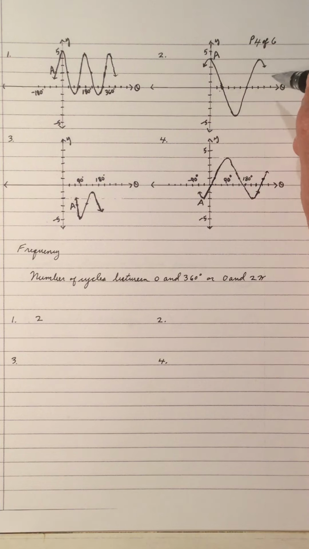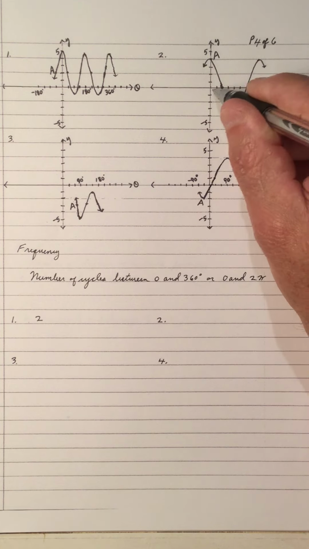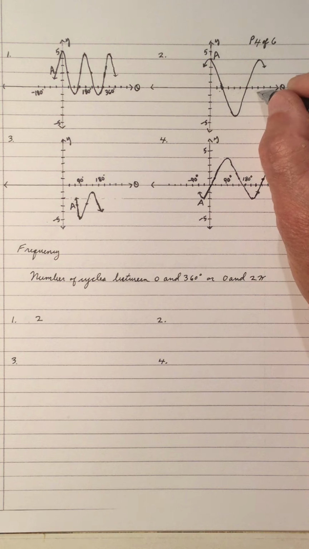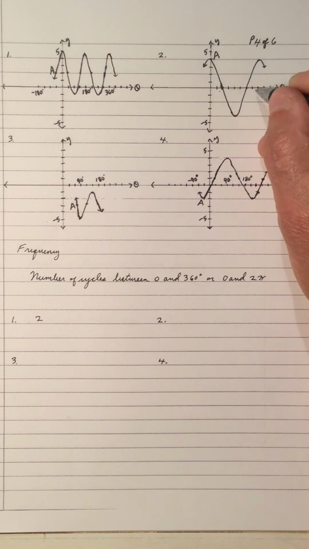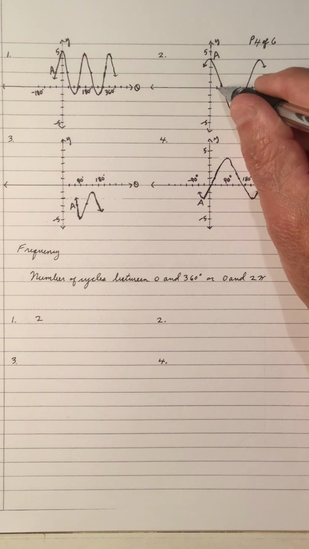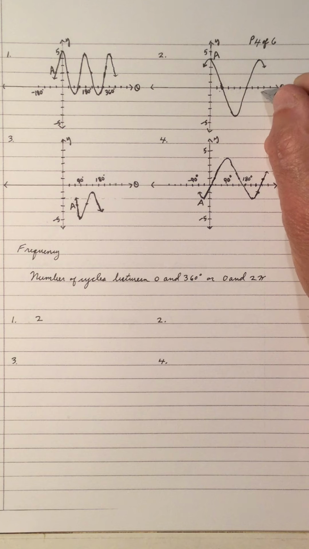And right here, I forgot to put in the numbers. So let's see, we go from 0, and this is going to 30, 60, 90, 180. So we can go to 2 pi.